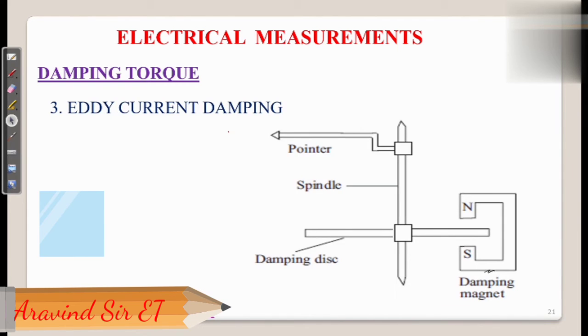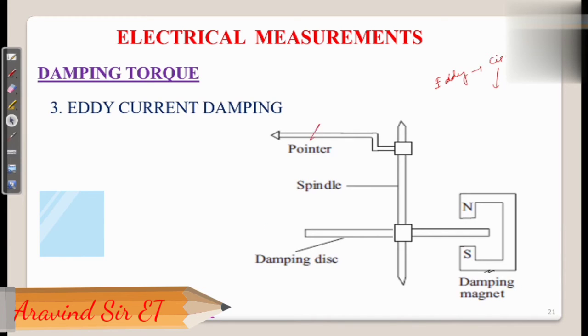Eddy current damping. What is meant by eddy? Eddy is nothing but circulating. Due to the circulating current, some torque is produced.